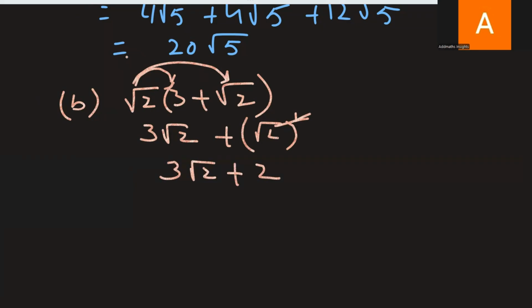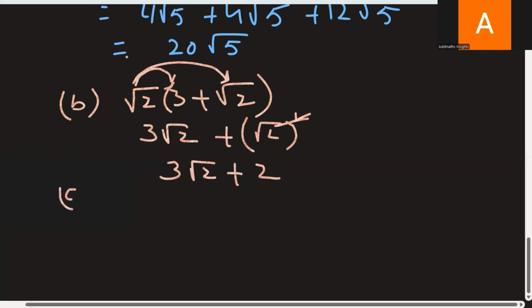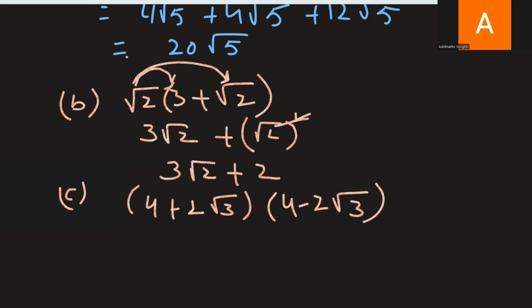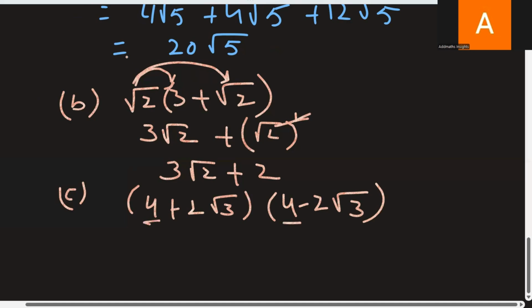And for example, if both surds are of the type 4 plus 2 under root 3 and 4 minus 2 under root 3. Now you see that they both are the same. And in algebra, you know a plus b into a minus b is a squared minus b squared.